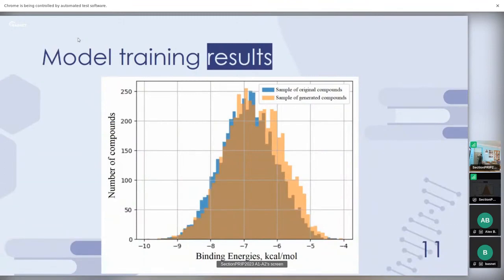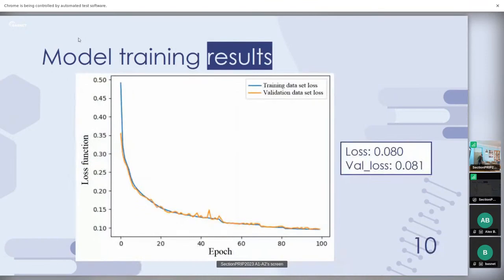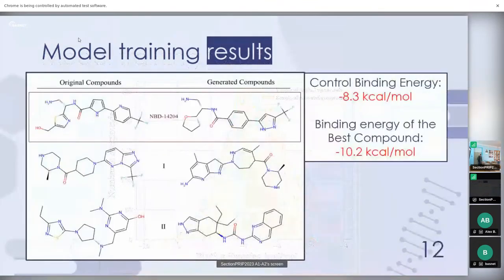As you can see, they're quite similar, and our inhibitor is at about -8.2. And as you can see, the generated compounds include the best results of our model.